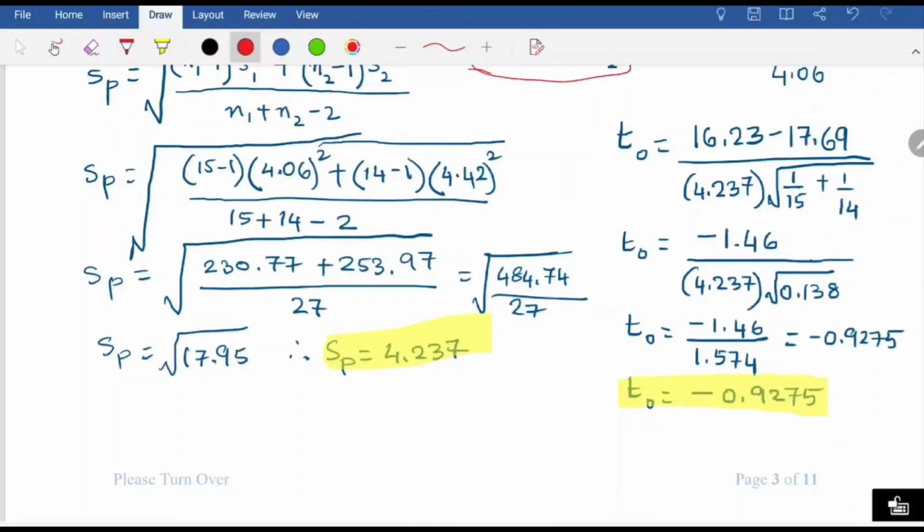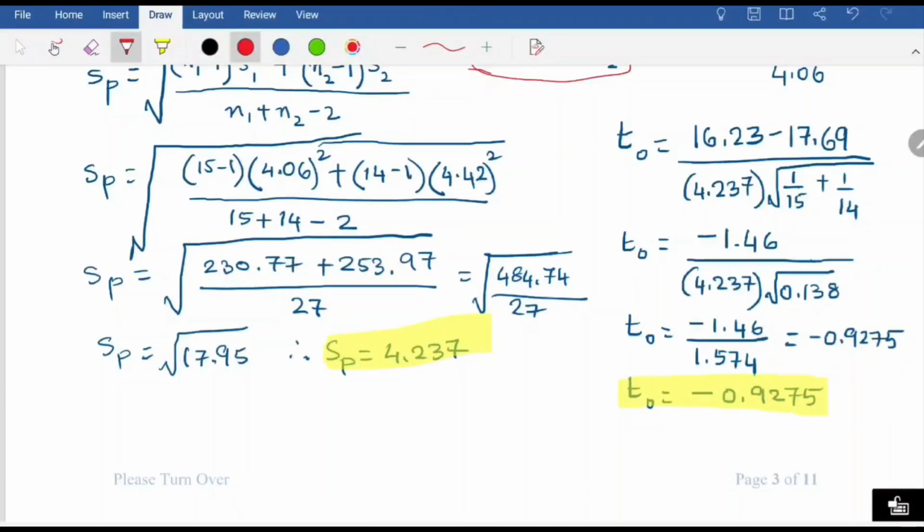0.9275. Now, another thing I want to state for the test, unless the question says otherwise, always keep your decimals to the third decimal place. The more the better. So here I have negative 0.9275. You could have written it as negative 0.928.